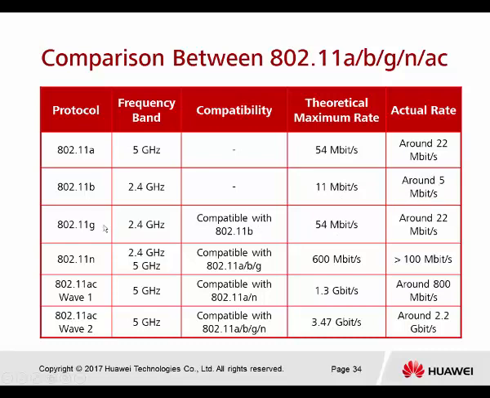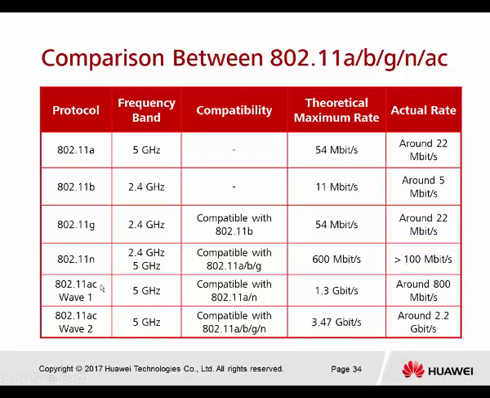G is similar to the A version, also around 20 megabit per second. For N, when using the 802.11n product, we check the theoretical rate, which can go up to 600 megabit per second. But in fact, the actual rate we only get is around 100 meg, maybe slightly more than that.